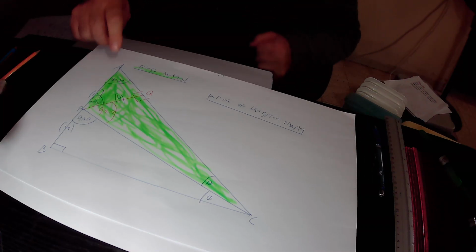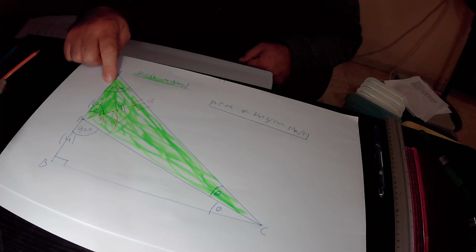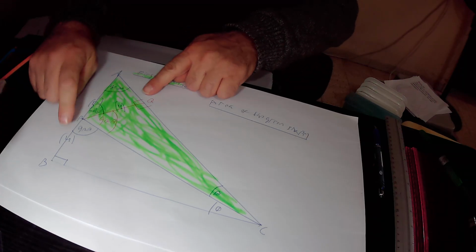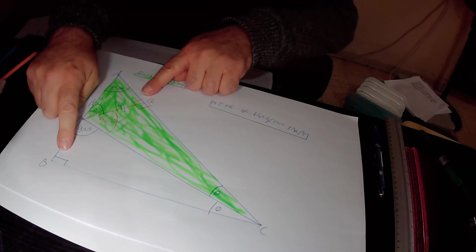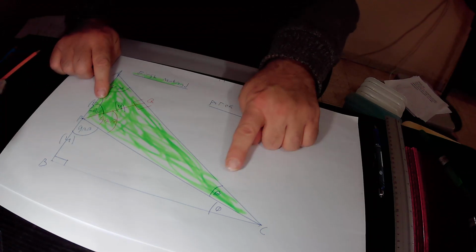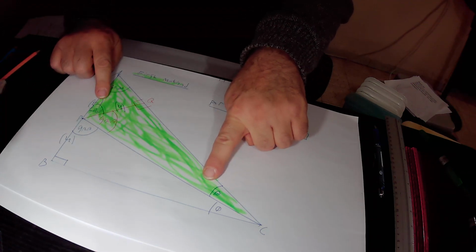That is to say, this angle A is the common angle that belongs to both triangles, so we can write down that angle A equals itself. In addition, those two angles are both equal to 90 degrees and therefore equal to each other. And finally, those two angles are both equal to 2 theta and therefore equal to each other.